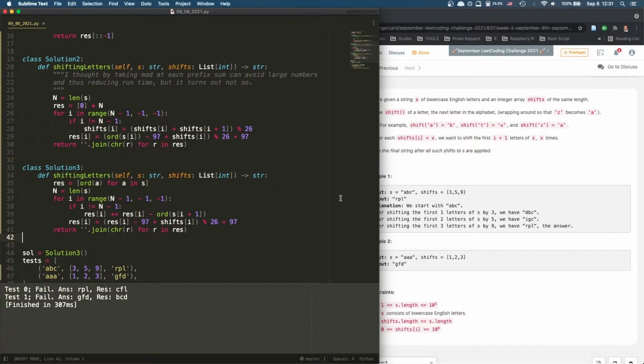So we say res i, so B minus 1. No. That's the original difference.